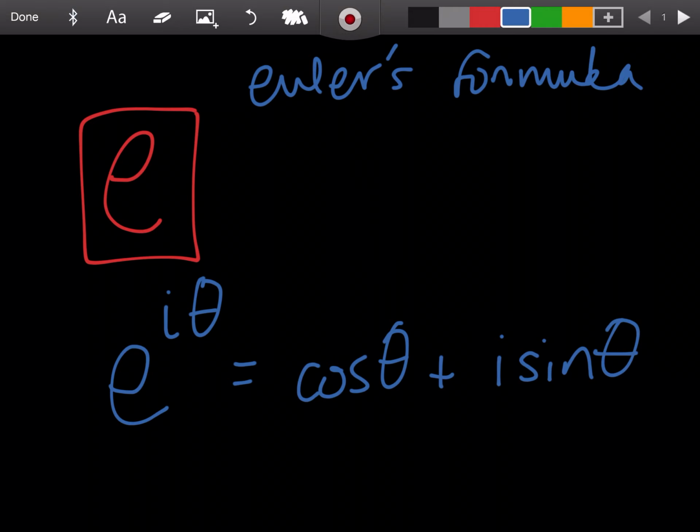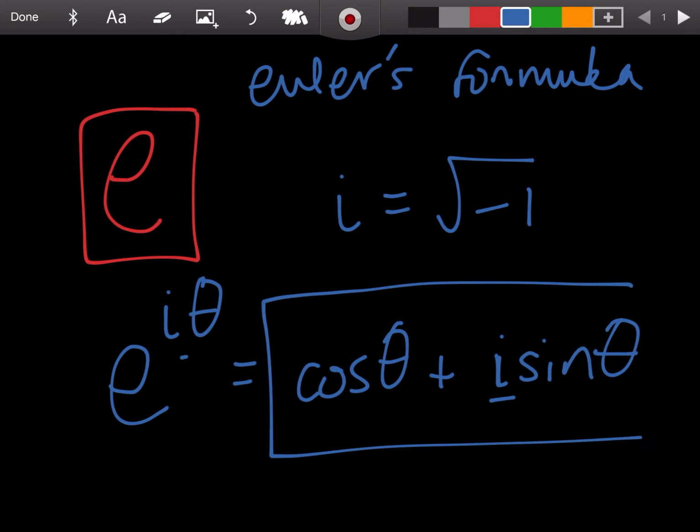Now i here is a crazy number, which is the square root of -1. And we can get into all that. But basically, since you can decompose any signal into a sum of cosines and sines, and you can write any sum of cosines and sines as exponentials, you can essentially model everything in the universe and how it works using just exponential functions. And that turns out to be a really awesome and powerful property.